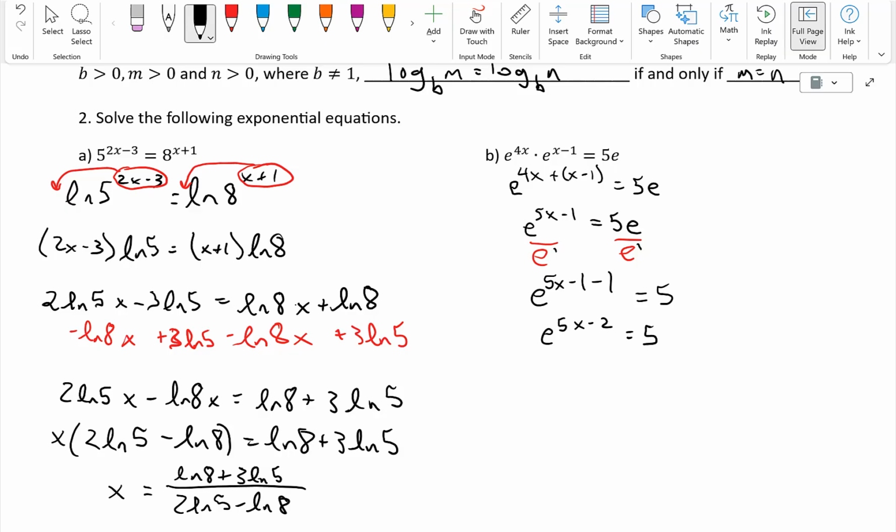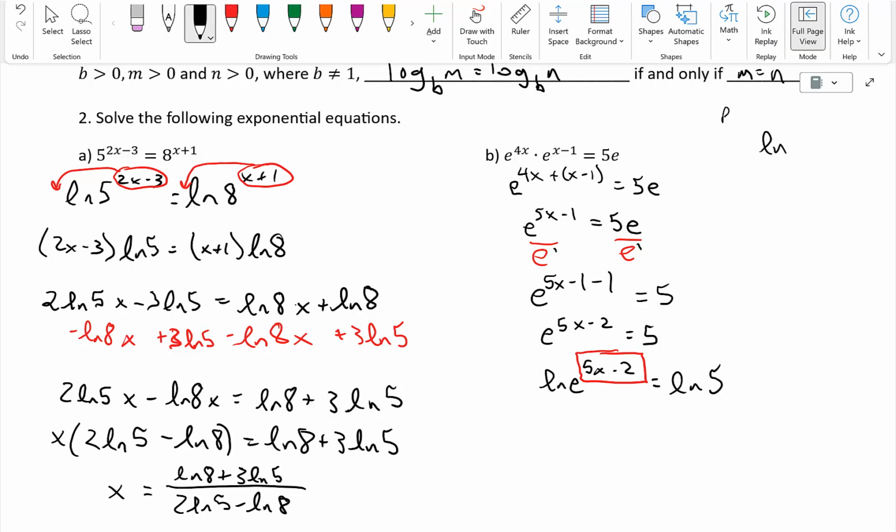We remember, hopefully, that ln is log base e. So when we do use ln on both sides here, natural log of e to the 5x minus 2 equals natural log of 5. It's going to simplify that left-hand side to just 5x minus 2, right? We'd bring it down with our power rule anyways out front, but the natural log of e is just 1, right?